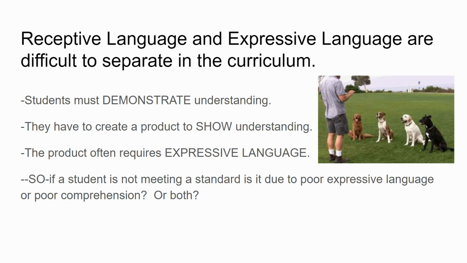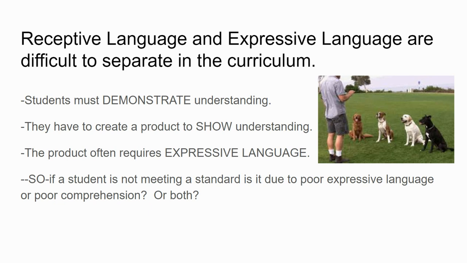In order to do that, they have to create a product to show that they understand. You can't just look at a child, teach them, and then look into their brain to make sure they understand it. The child's going to have to do something to show you that they understand. And that product, that showing, often requires expressive language.